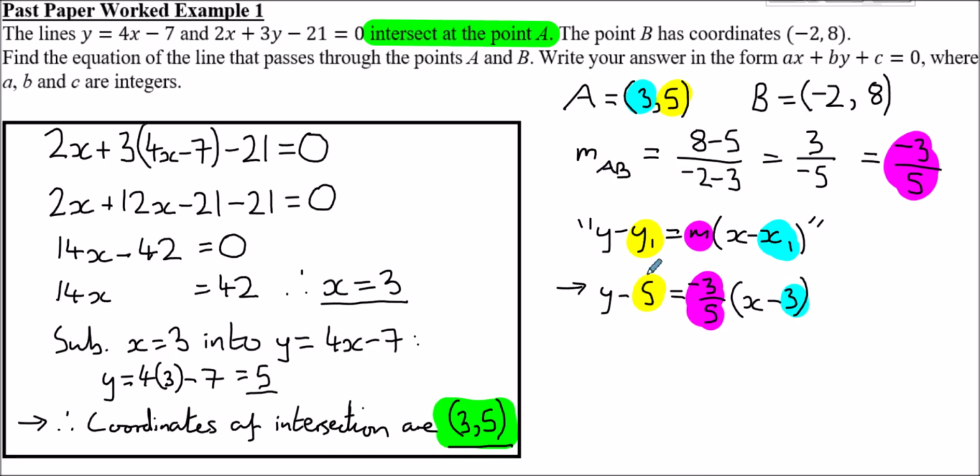So we want this equation, not in this form here though. We want it as ax plus by plus c, where a, b and c are integers. In other words, we don't want any fractions. On the right hand side we've got a fraction with denominator 5. So to get rid of that fraction, I'd suggest we multiply both sides by this denominator. So multiply the left by 5 and multiply the right hand side by 5.